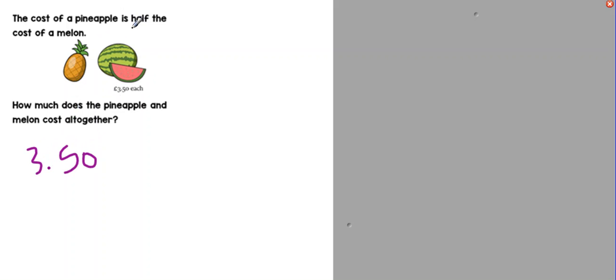You know that the pineapple is half the cost of the melon. Okay, so you would divide that then by whatever you need to divide it by to make half. How much does the pineapple and the melon cost all together? Pause the video now and have a go at that one.